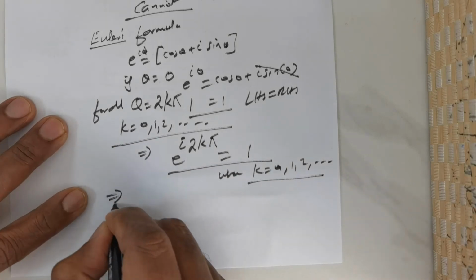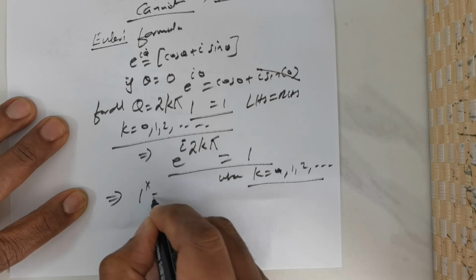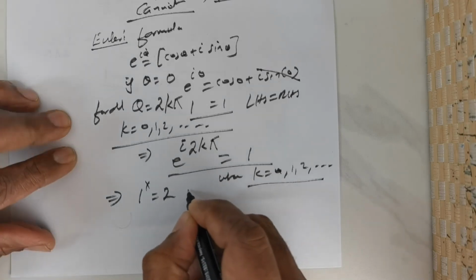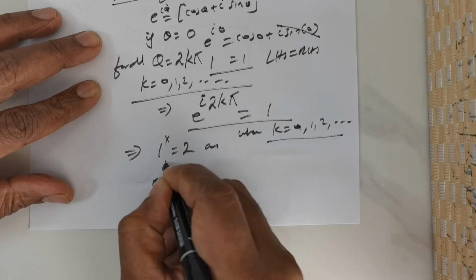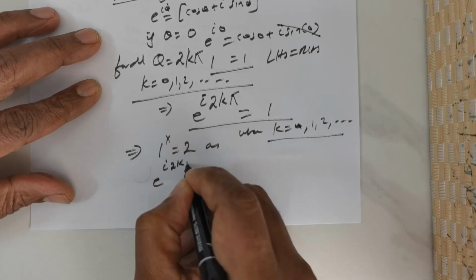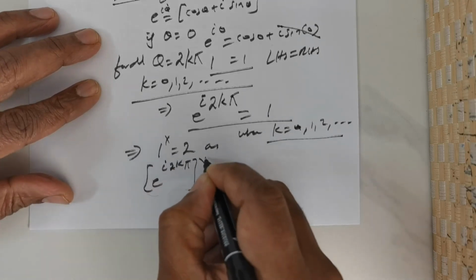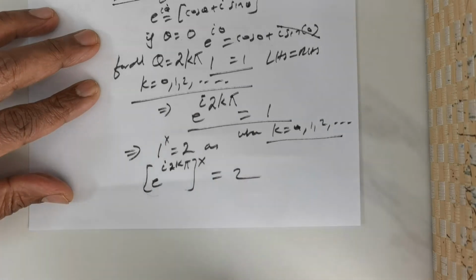That in turn would mean I can rewrite 1 raised to the power of x is equal to 2 as e raised to the power of i times 2 times k times pi, the whole raised to the power of x is equal to 2. So this is what I've got.